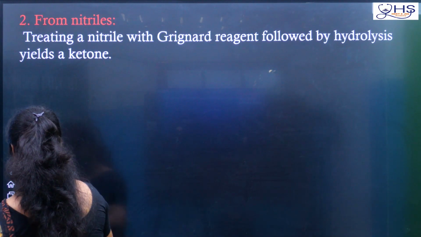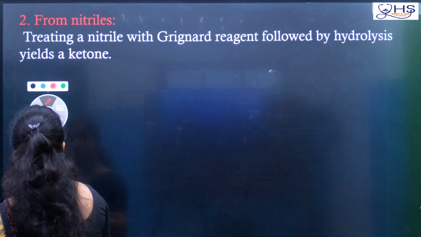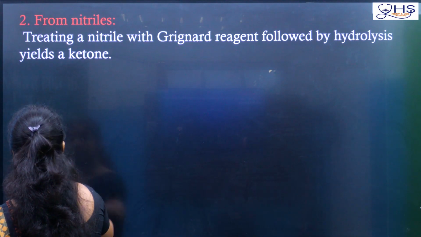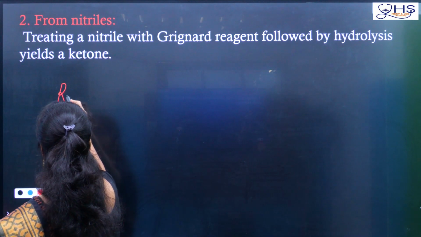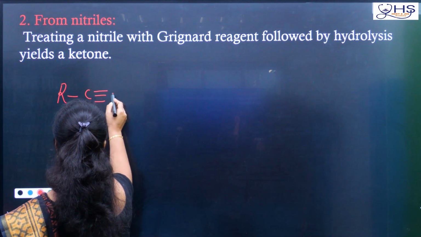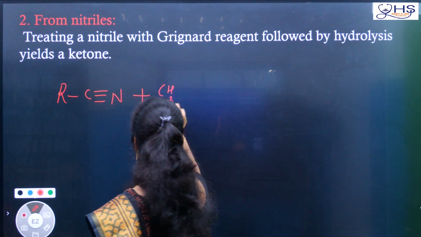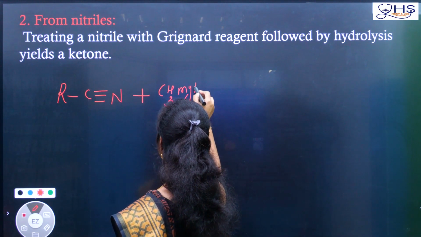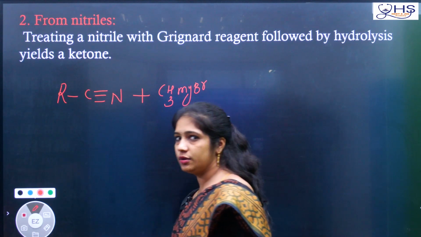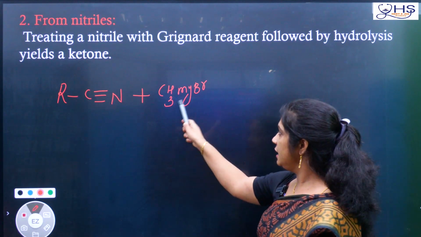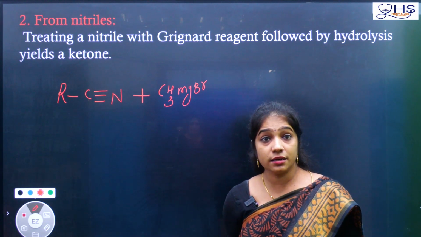Next is from nitriles. What are nitriles? Cyanides. In the reaction of nitriles, RC triple bond N, the nitrile reacts with a Grignard reagent. I am taking methyl magnesium bromide; you can take any Grignard reagent. What is a Grignard reagent? Alkyl magnesium halide is known as Grignard reagent.